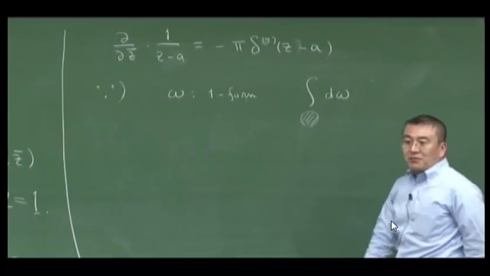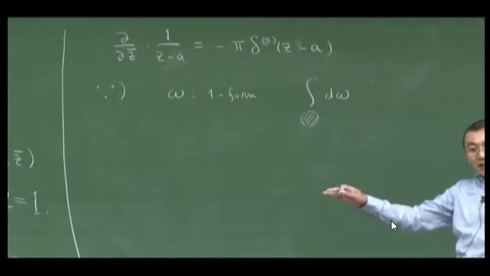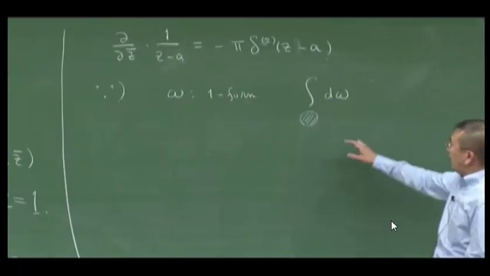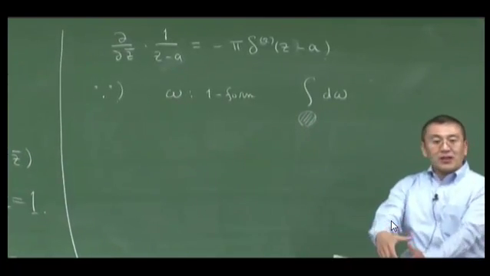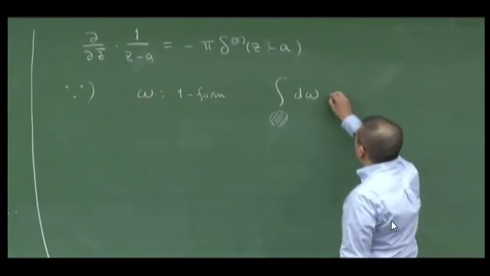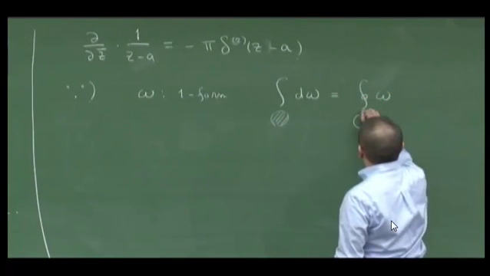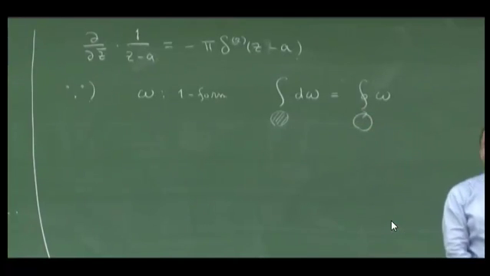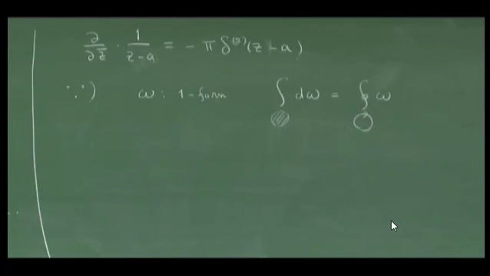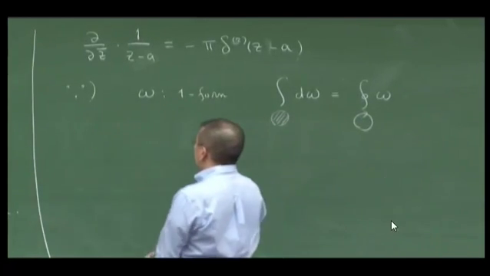Omega is one form, d of omega is a 2 form, so we can integrate over some domain. Suppose it is some kind of disk on a 2-dimensional surface. Then the Stokes theorem says that we can write it as an integral over the boundary. So this is the Stokes theorem, and I'm going to use this to prove this identity.